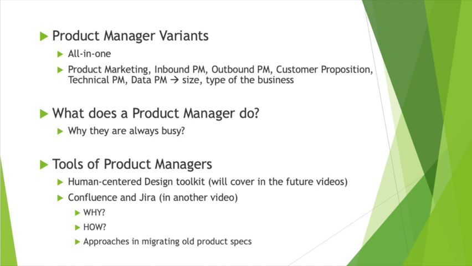And then if there's opportunity, they need to talk to the customers. I will cover human-centered design in the future, but there are different techniques that you can use to figure out the requirements from the customers. You may need to conduct workshops or do surveys. So there's a lot to do around that market research, customer research part.